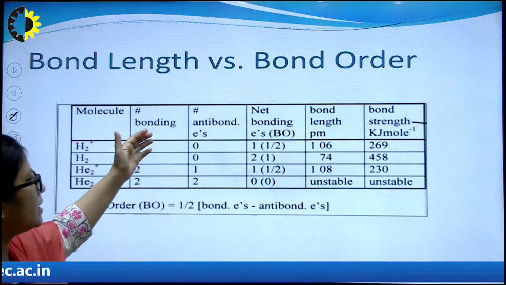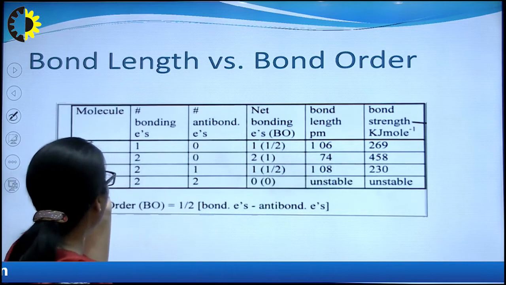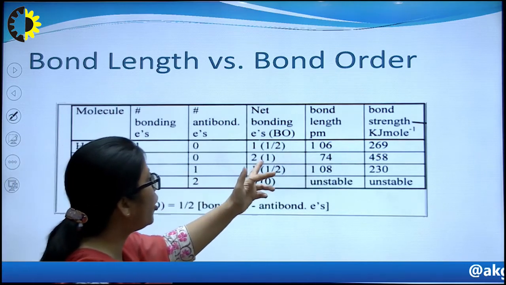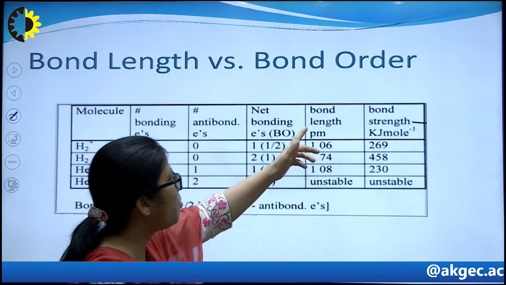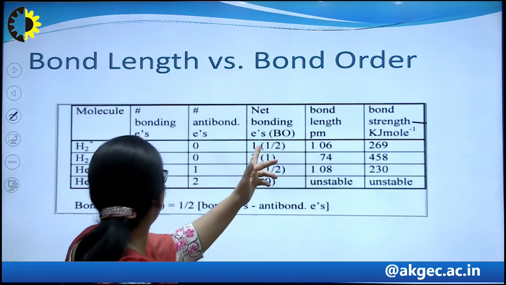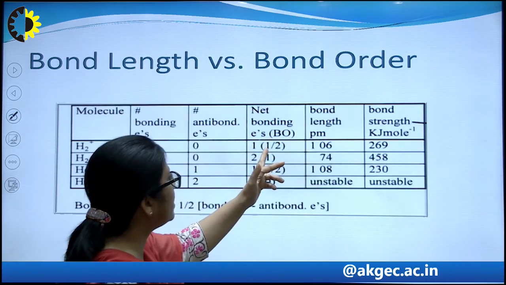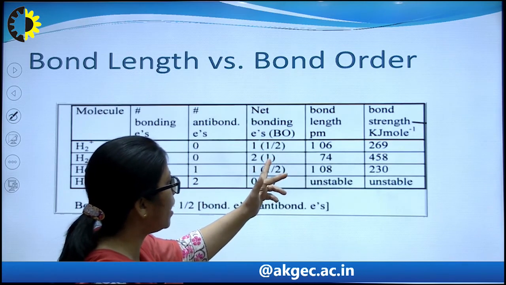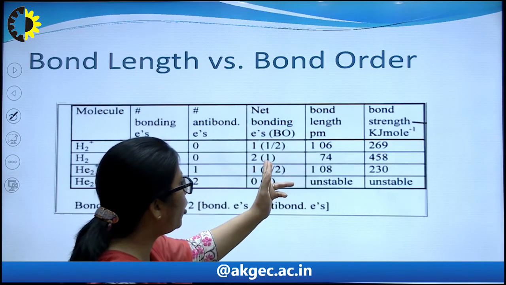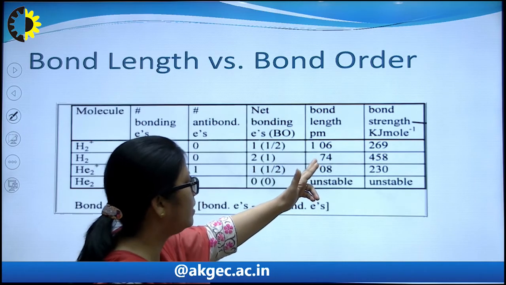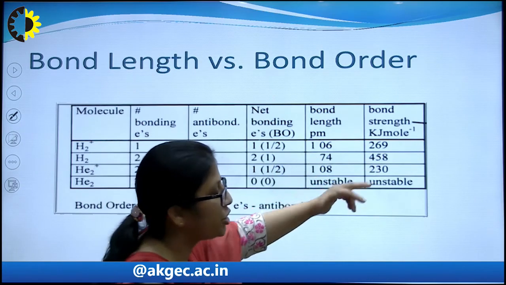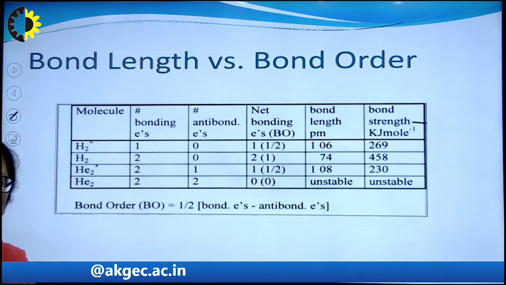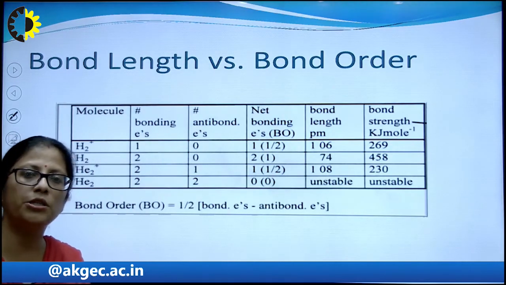So, here it is again the hydrogen molecule, because the bond order has become greater, so the bond length will decrease. The H2 plus bond order was half, and here for H2 the bond order is 1. So, when bond order increases, bond length decreases and bond strength increases, because bond strength is directly proportional to bond order.